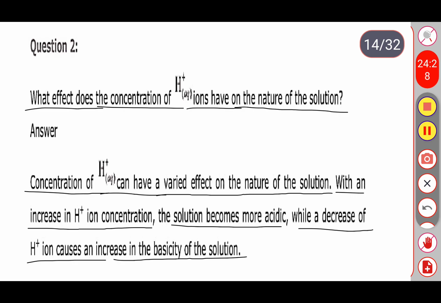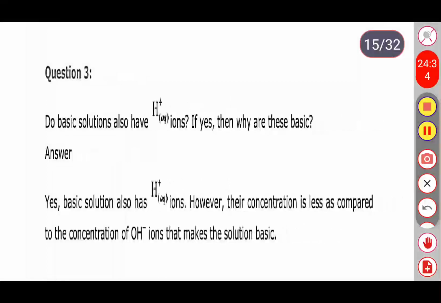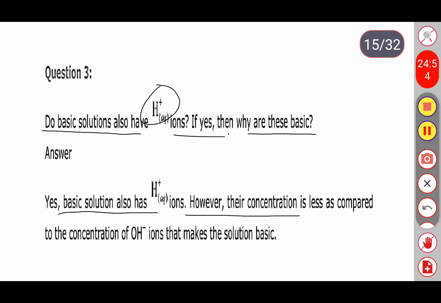Does a basic solution also have H plus ions? If yes, then why is it basic? Yes, a basic solution also has hydrogen ions. However, their concentration is less as compared to the concentration of hydroxide ions, which makes the solution basic.